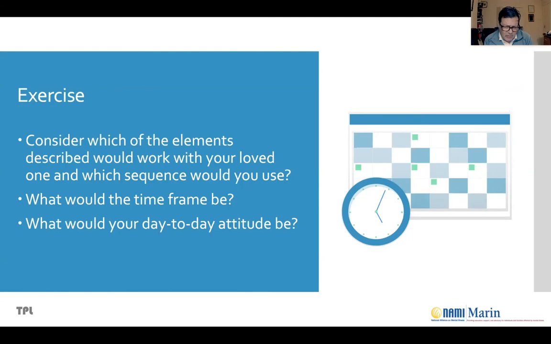We've discussed time frame. What are you thinking about a time frame for your loved one to actually start to lift out of their negative symptoms? And in terms of that trajectory over the medium term, can you get a feel for what this balanced, low pressure communication style might be?